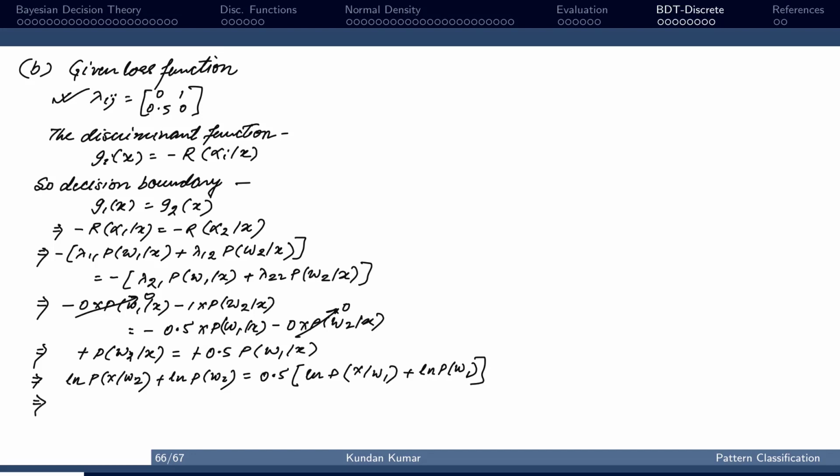So here we have minus 1 by 2 x minus 1 by 1 squared. So this is our p(x|omega 2). That means the log of the class conditional probability.